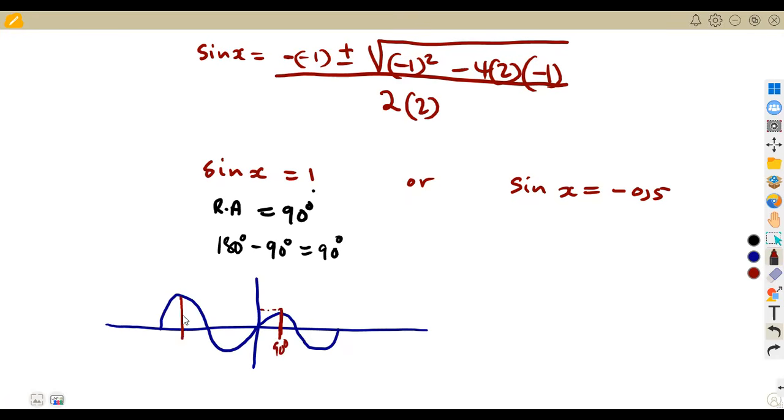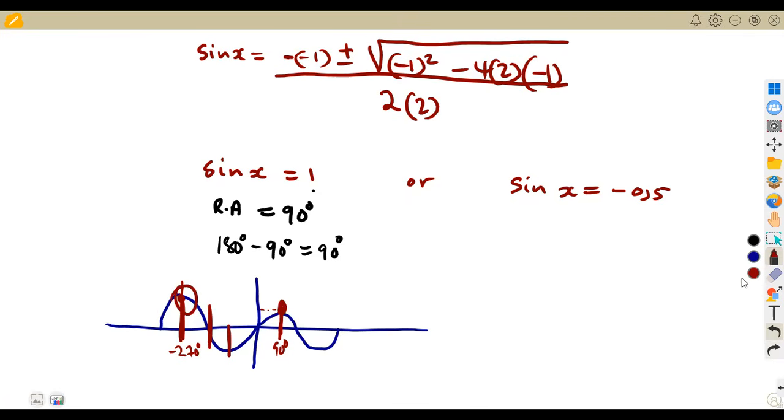And at the same time, at this point, which will be at negative 270 degrees. Remember, this is negative 90, negative 180, negative 270, negative 360. So at negative 270 degrees, the graph of sine is also at 1. At 90 degrees, the graph of sine is also equal to 1.